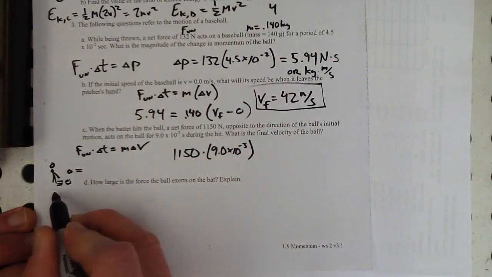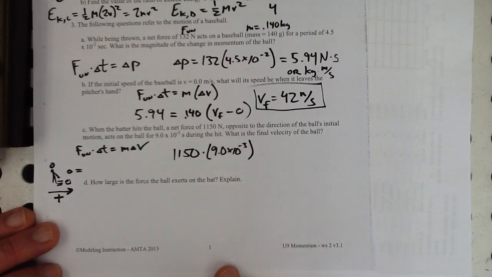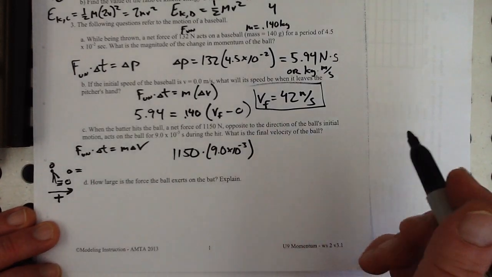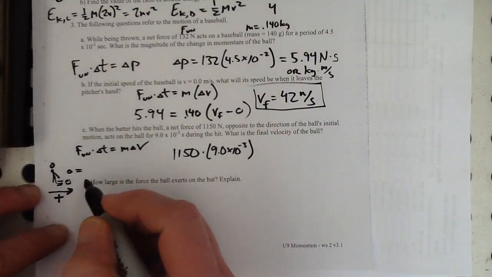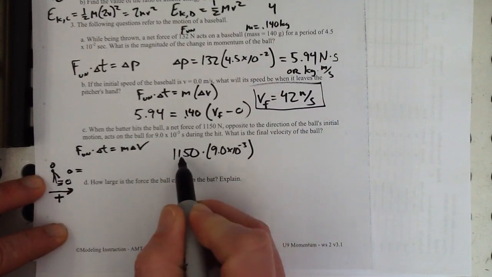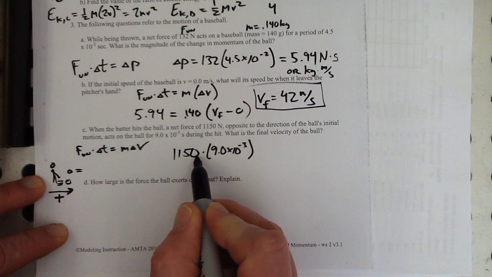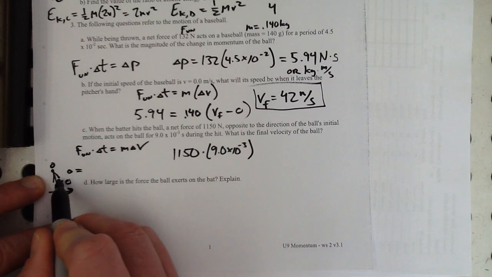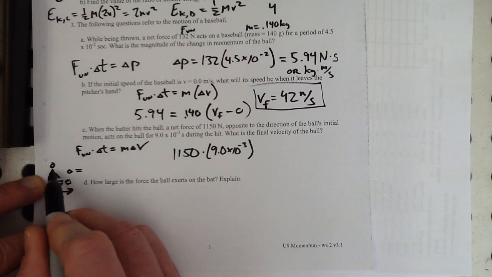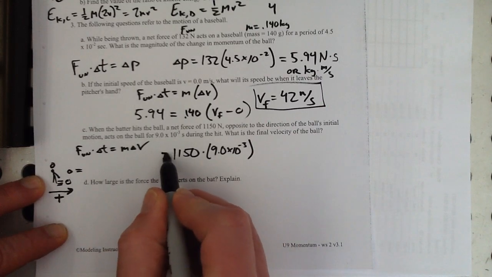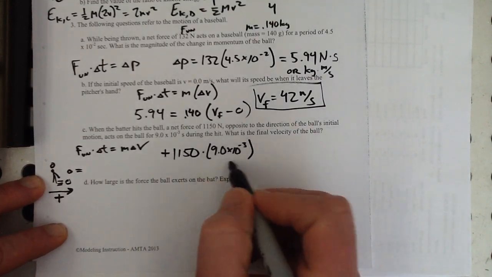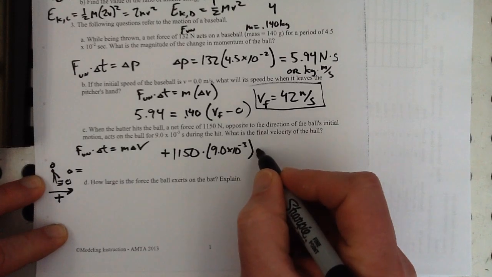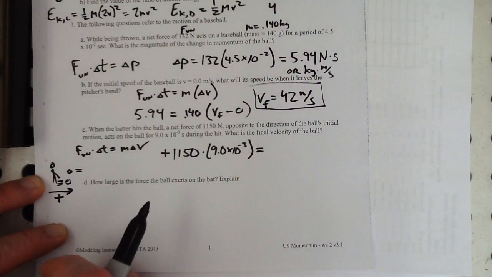I'm going to call to the right the positive direction, because that's just intuitively easier for me to do. So that means that the force on the ball is going to be in the positive direction. Like, no doubt the force of the bat on the ball is in the positive direction. Don't need to worry about the sign of the time. That's always going to be positive.